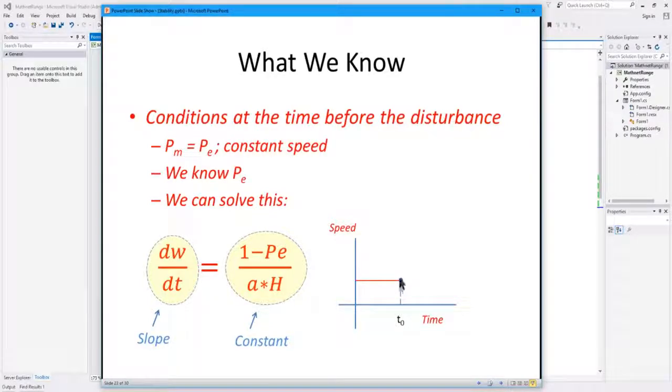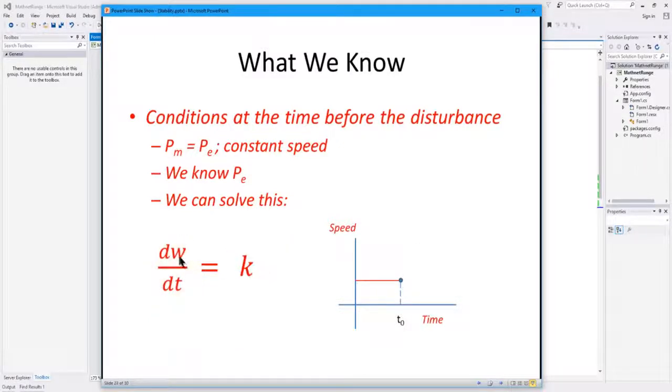So at this dot right here, all I know is the slope of the curve of speed versus time, but I don't know the curve itself. So basically I've got a delta omega over delta t equals some constant, some number. And what I need is to make a graph of speed versus time.